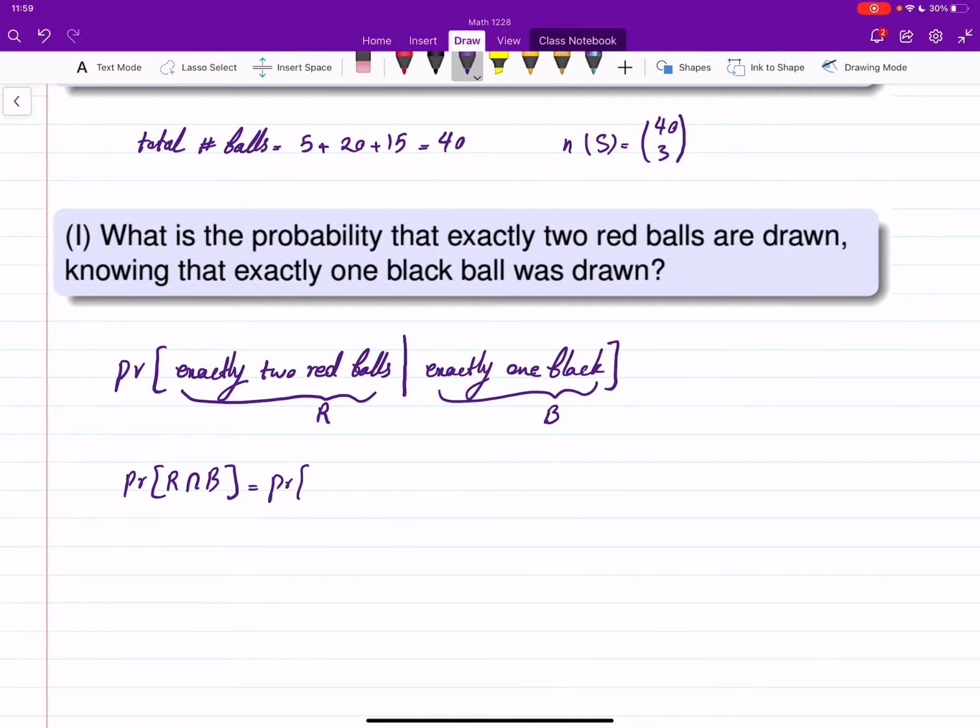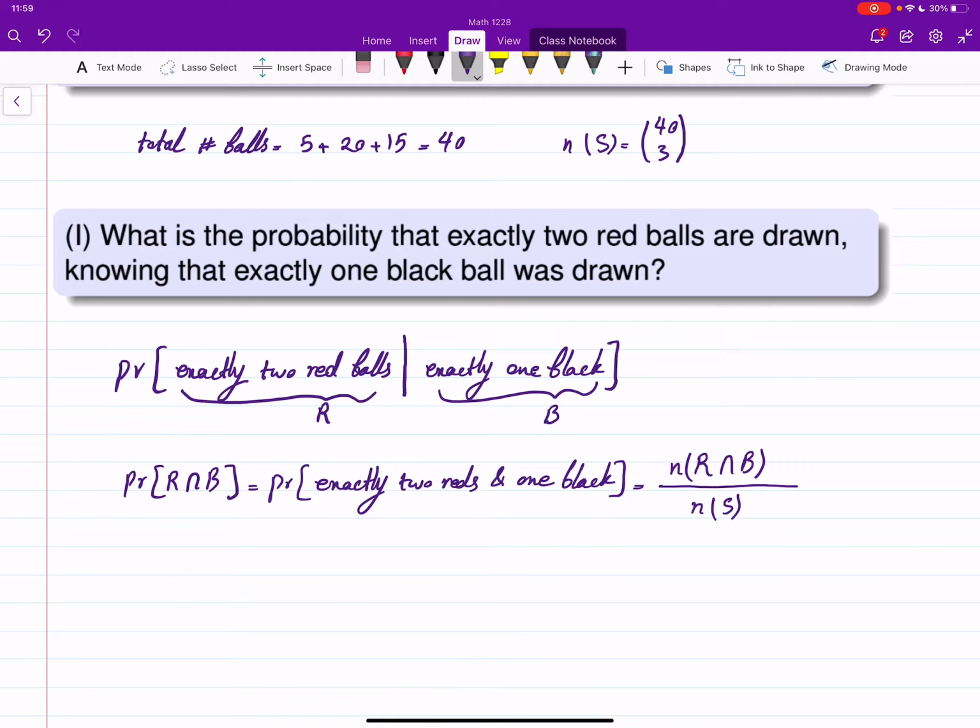It means exactly 2 reds and 1 black. That's the intersection. And here that means that I have to find the number of ways that we can draw exactly 2 reds and 1 black, and then divide it by n of S.